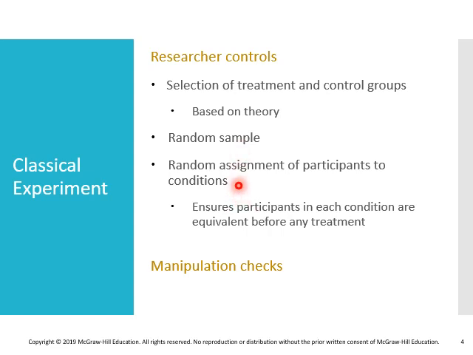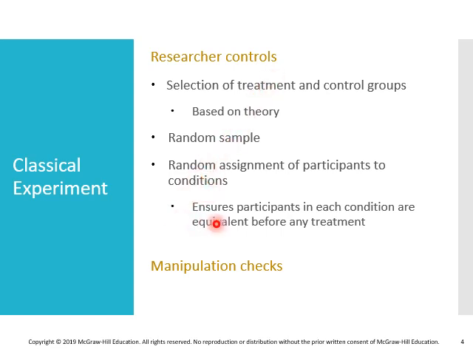So there we have the random assignment of participants to each of the conditions, and when we say conditions here, we're talking about the treatment and control groups. If the treatment group gets a different manipulation and different drug in the experimental design, then that is the condition we're talking about.